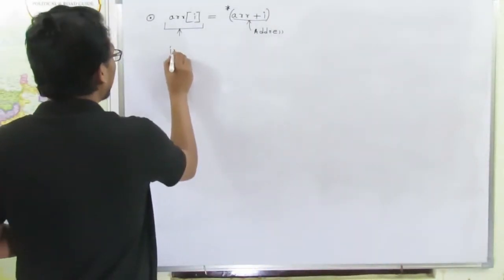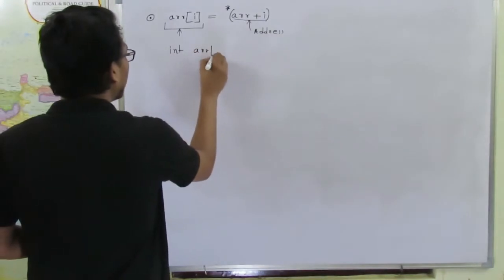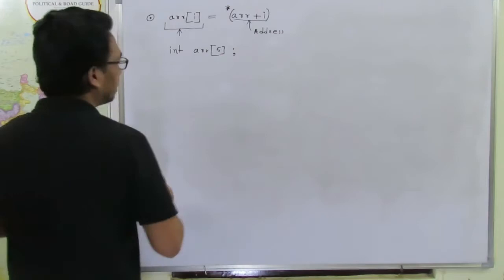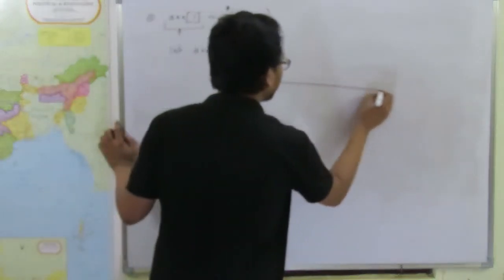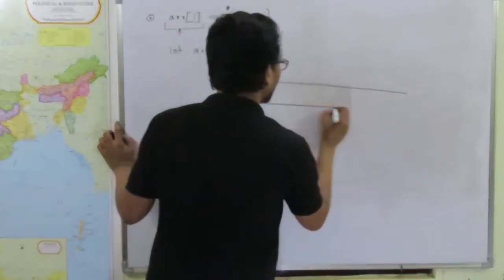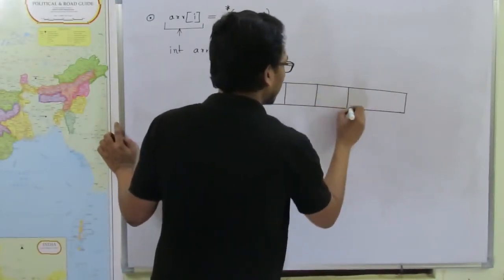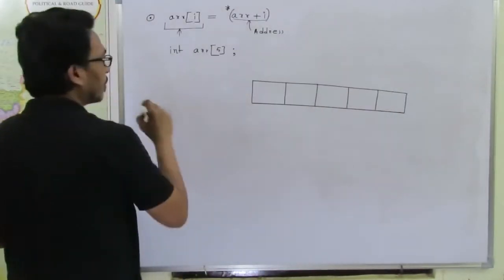Let's say we declare int ARR[5]. Now in memory, this is the memory allocated to this particular array.